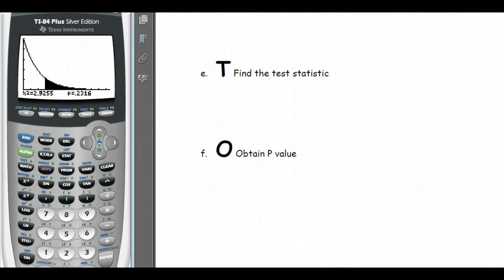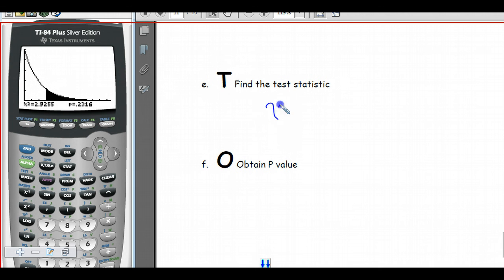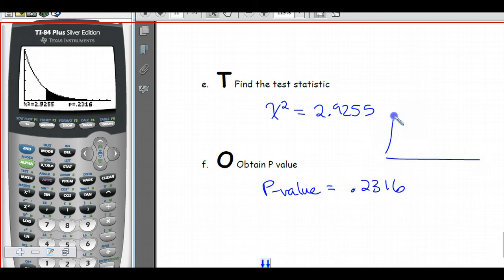All right, so my test statistic is chi-squared equals 2.9255, and to obtain my p-value, my p-value was 0.2316. It's a very steep right skew.